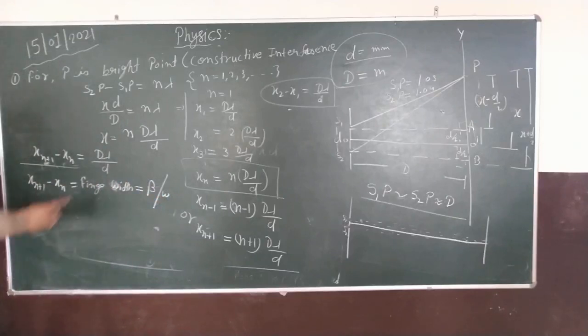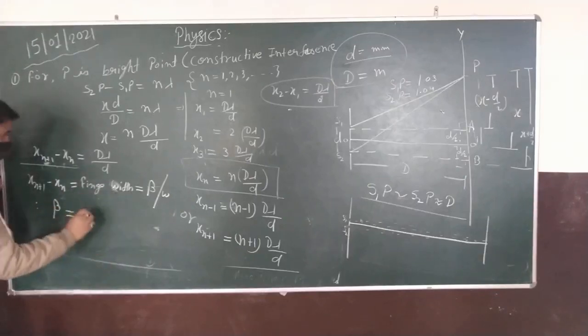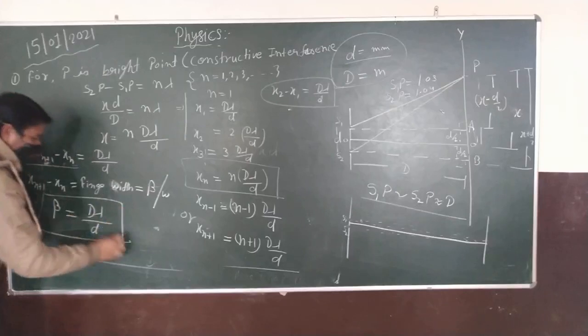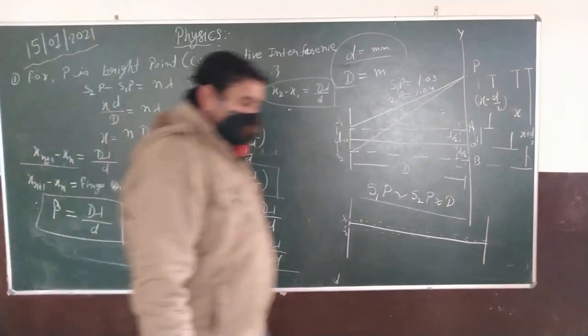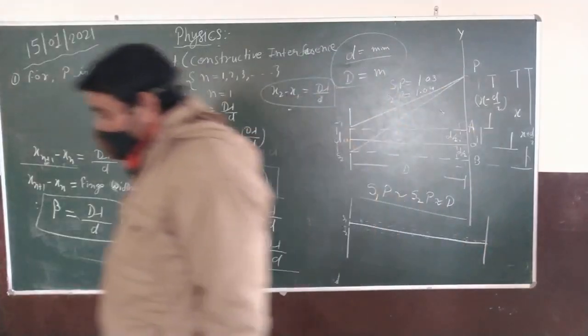Clear? Therefore, beta is equal to D lambda upon d. This is the difference between the two bright fringes at P. Done.